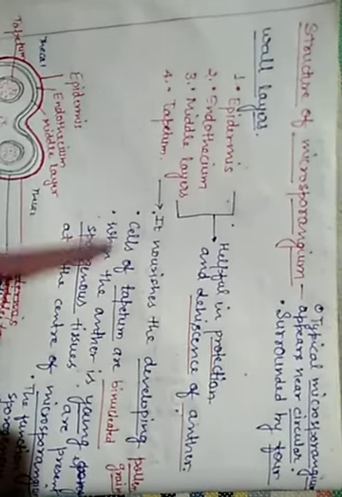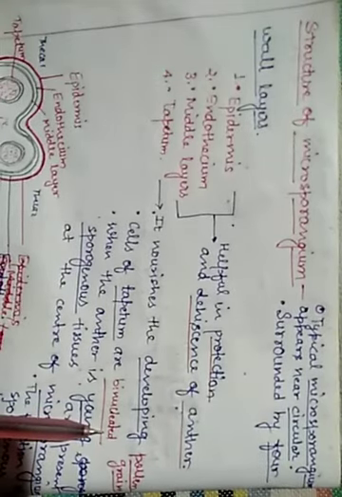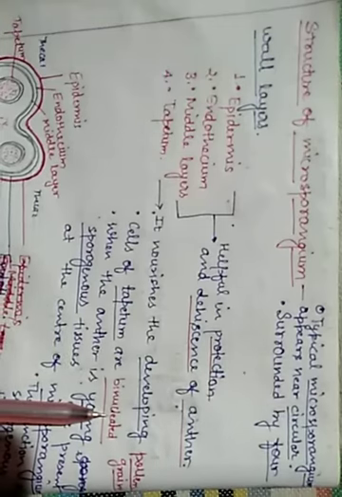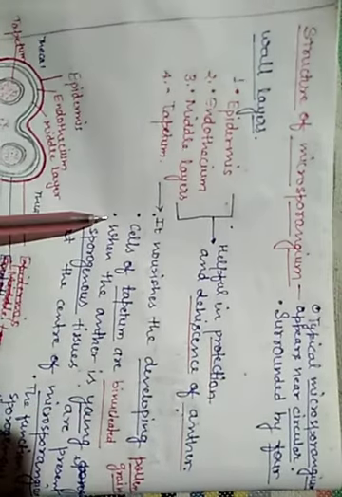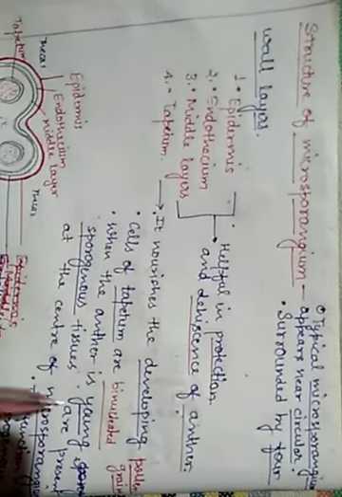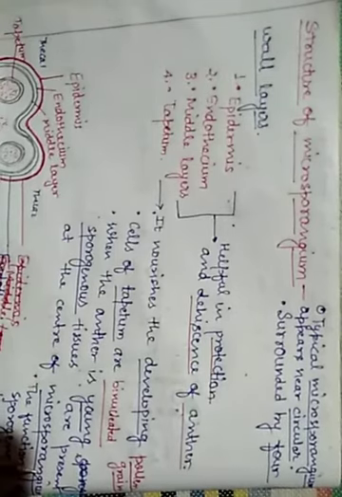They provide nourishment to the developing pollen grains. Next, the cells of the tapetum are binucleated in nature. It means 2 nuclei are present in each cell. Third point, when the anther is young, sporogenous tissues are present at the center of the microsporangium.